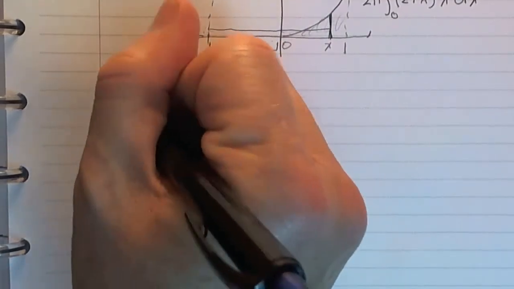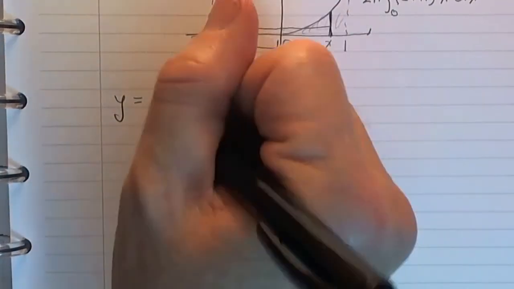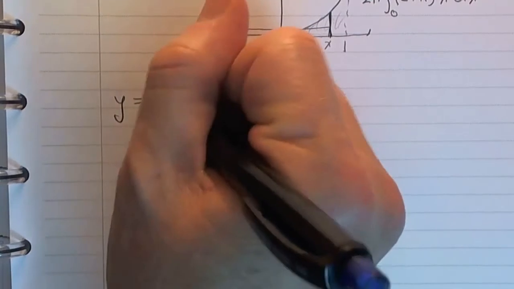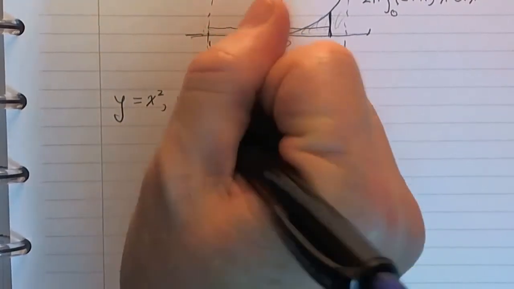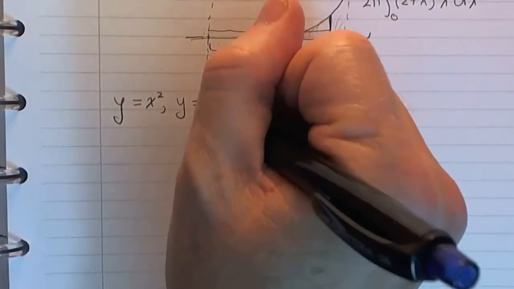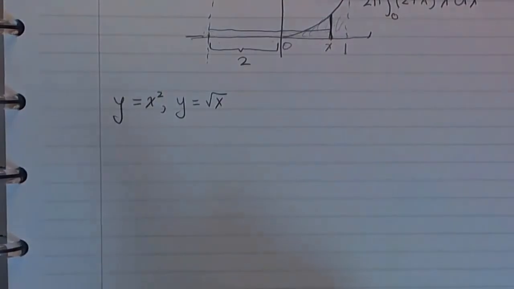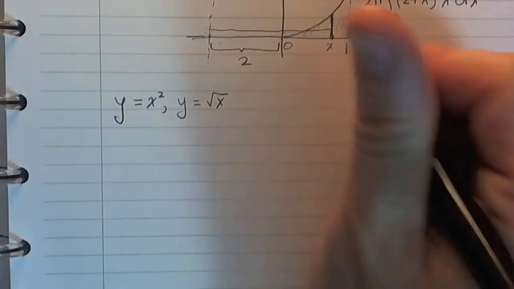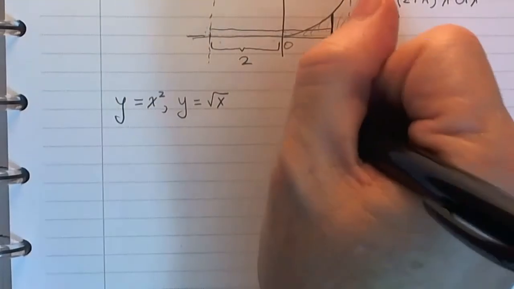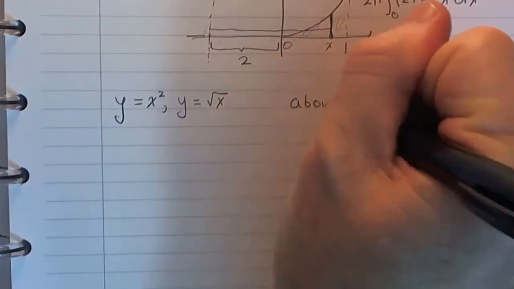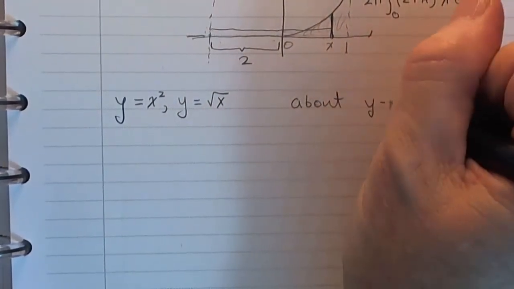Now let's look at another region. Let's suppose we've got y equals x squared and y equals the square root of x. And we want to revolve these about the y-axis.